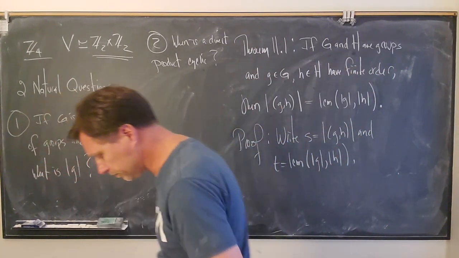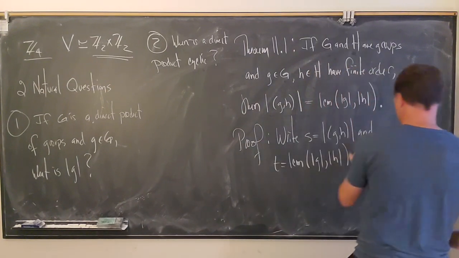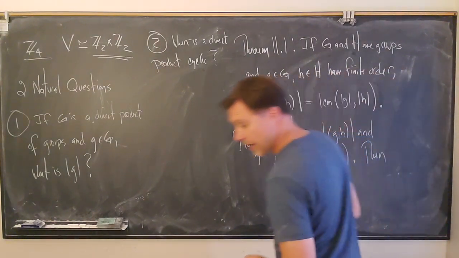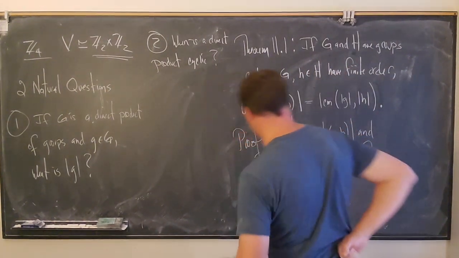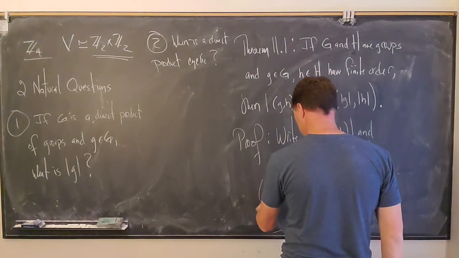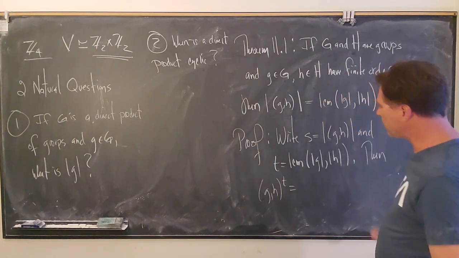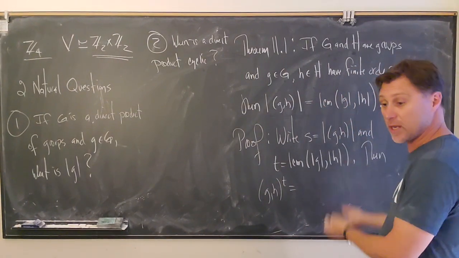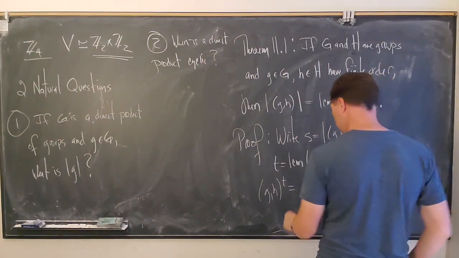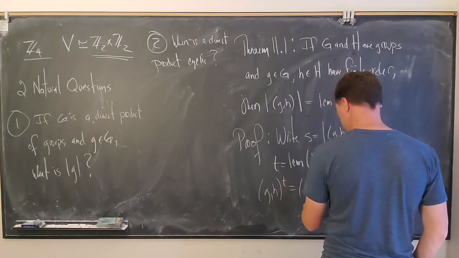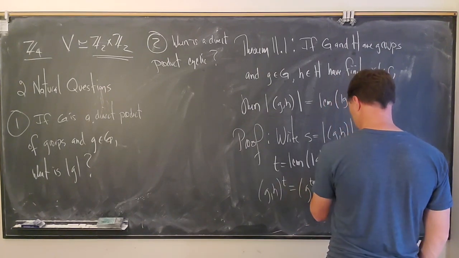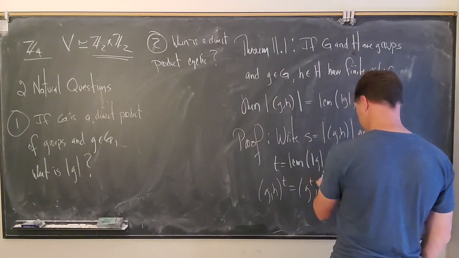Now we can say, if I look at (g, h) to the t, let's see what that would mean. It would mean multiplying (g, h) times (g, h), etc. This is equal to (g to the t, h to the t).